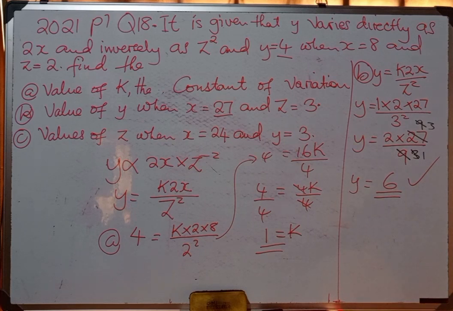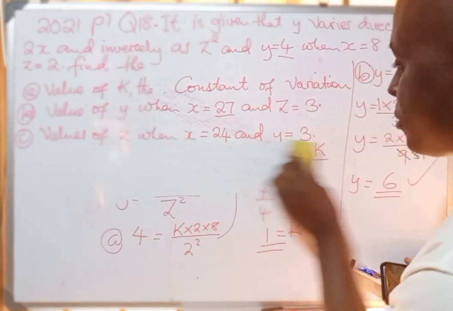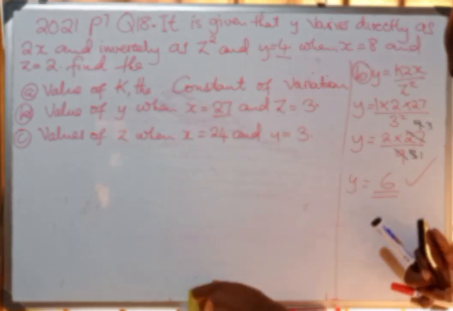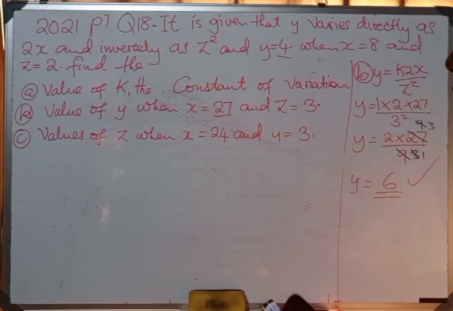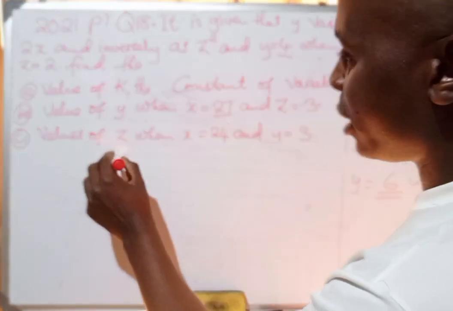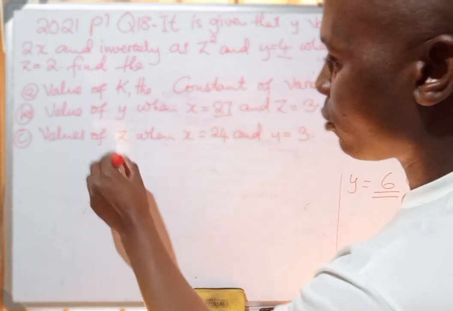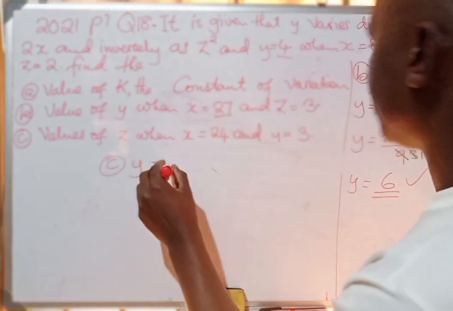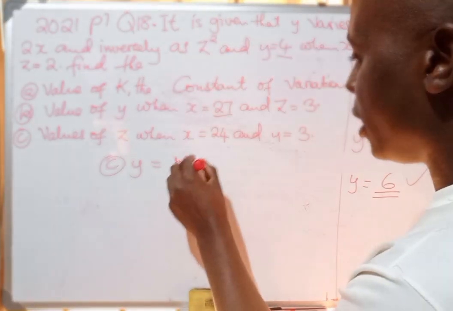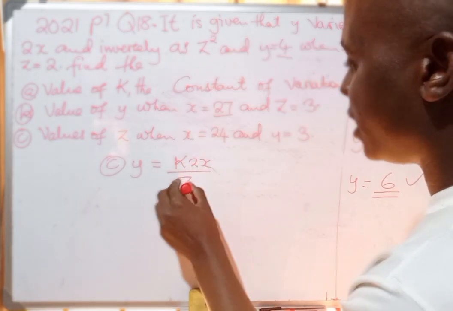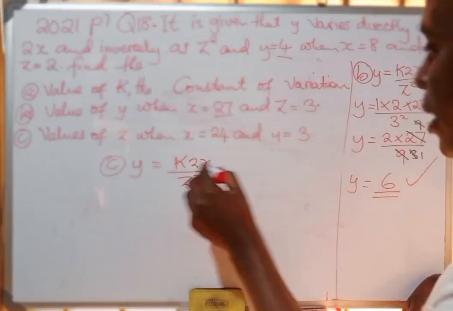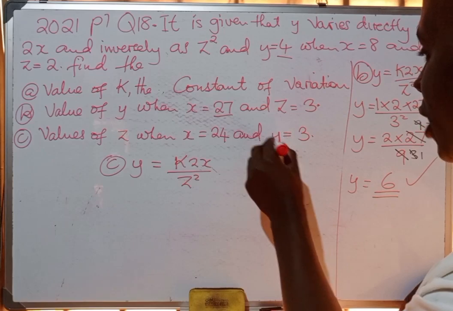Let us go to the next question where we are finding the value of z. Question number C. y is equal to k2x over z squared. What is our y? We have been told that y is 3.